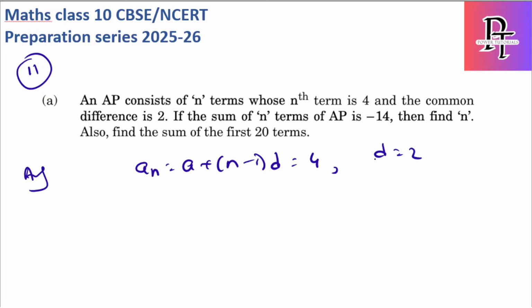Sum of n terms they have provided. So simply, the nth term is nothing but the last term. Okay, so now we have to use the second formula, where n by 2 into a plus l should be there. So minus 14 is equal to n by 2 into a plus l. A value we don't have. Okay, common difference we have.